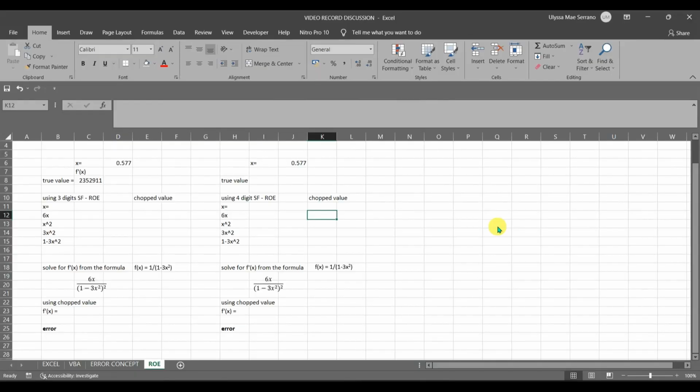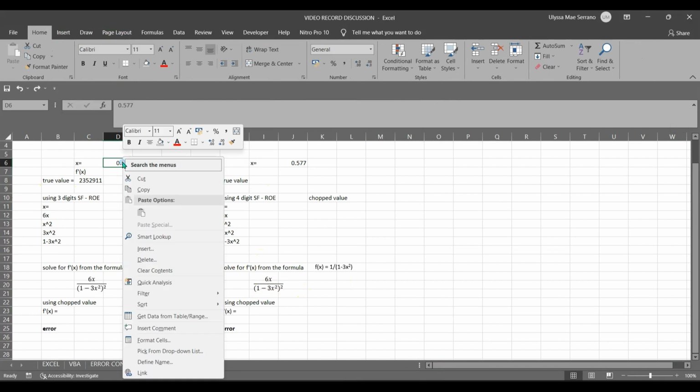Getting back sa ating Excel, so ang ginamit kong ulit ay yung dati natin na ginagamit na Excel file, in this particular sequence class. So, meron tayo ditong value ng ating x. Ito yung ating given. And this true value is from the equation 6x over 1 minus 3x squared, squared.